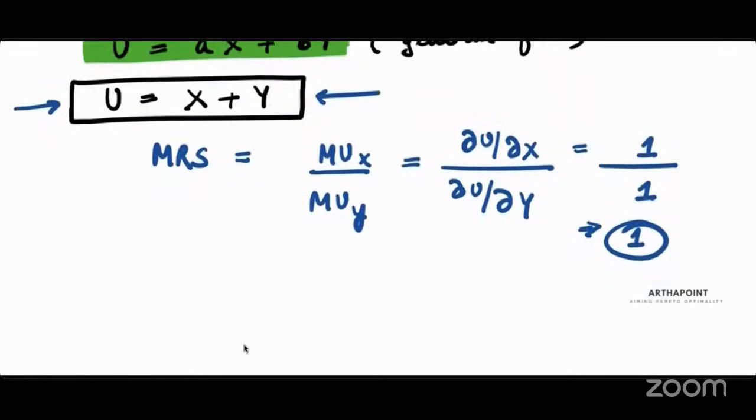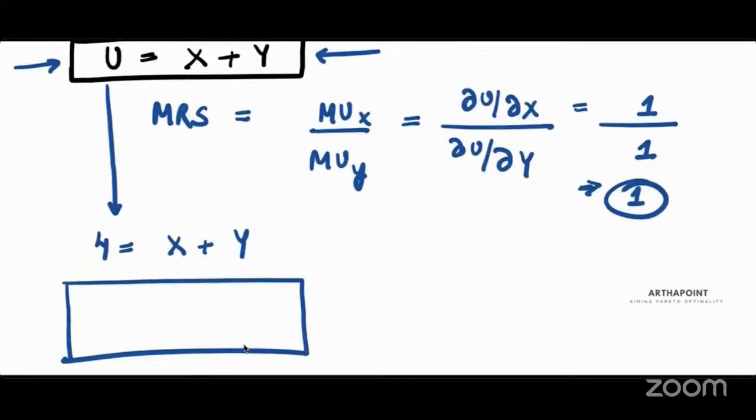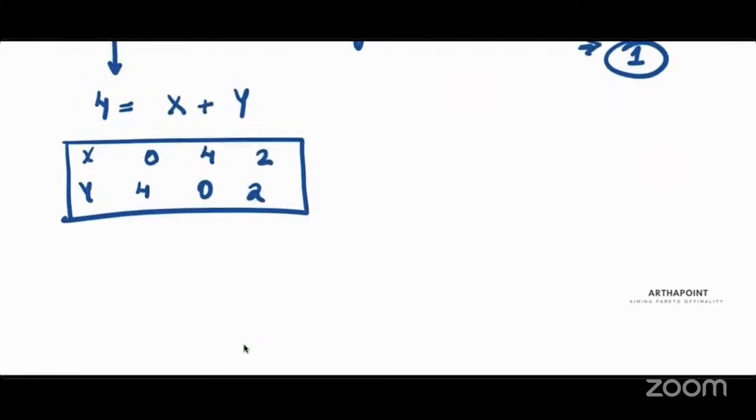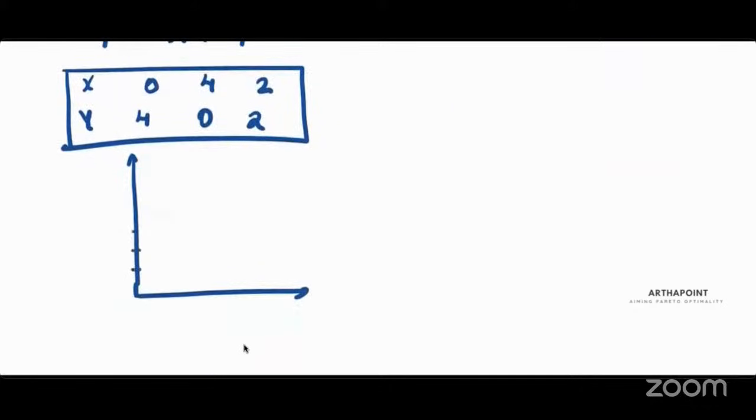Now, if I have to plot these indifference curves, I can hold utility constant at 4 and I can get 4 is equal to X plus Y. This is clearly a line. So when X is 0, Y is 4. Y is 0, X is 4. X is 2, Y is 2. So if I have to draw this indifference curve, I will get 1, 2, 3, 4.